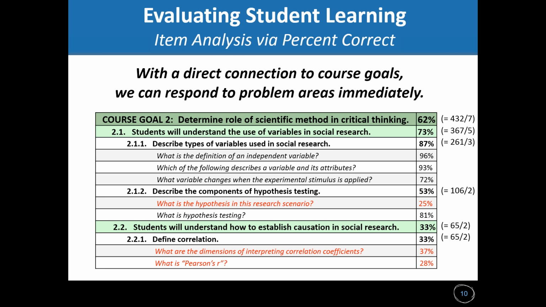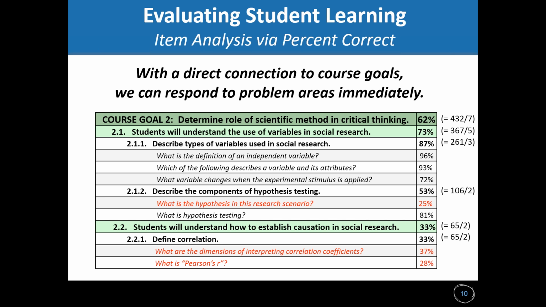So what does it mean that we've got a question under 2.1.2 that only 25% of the students got correct? Well, it's definitely an indication that something's not right. It could mean that it wasn't taught well enough for students to really learn the material. It could also mean that the source of the information on this question wasn't studied well enough by the students.